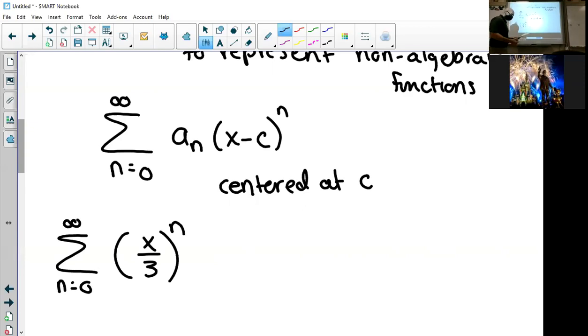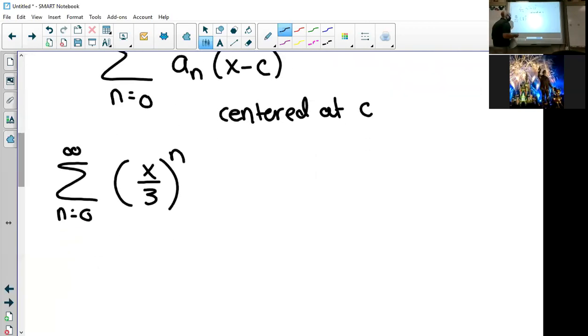One of the things we talk about a lot with these is find the interval of convergence or find the radius of convergence. Depending on what you put for x, this is going to converge. Right now, x is still a variable. But if I plug in different values for x, then we can use the different tests that we learned in 1 through 6 to see whether it's going to converge or diverge.